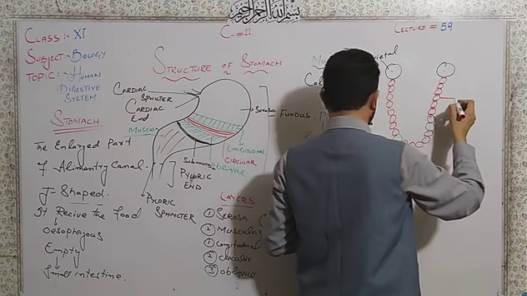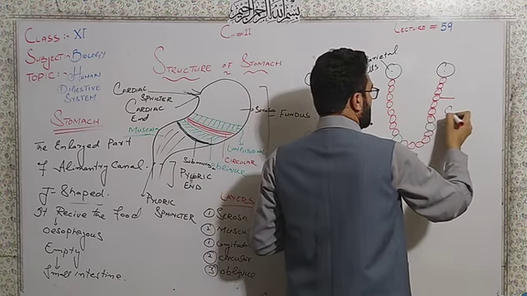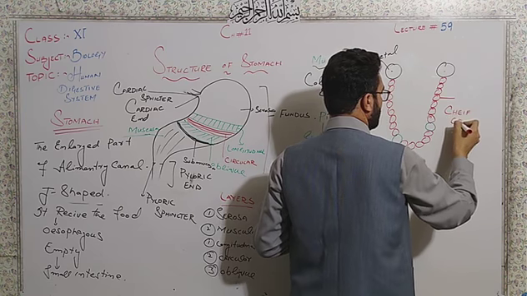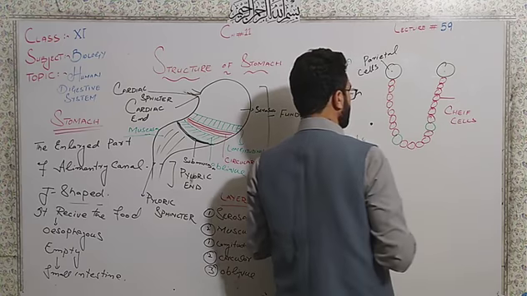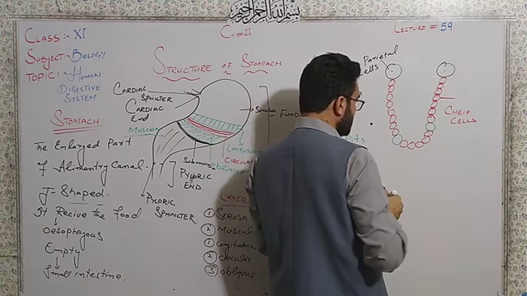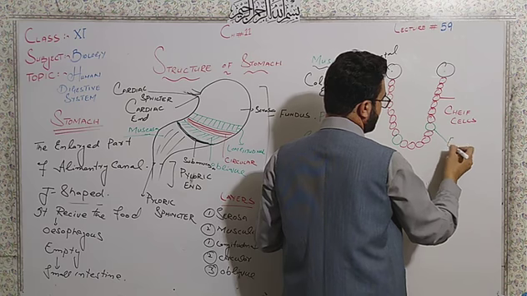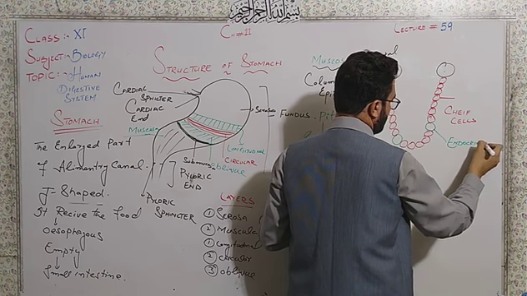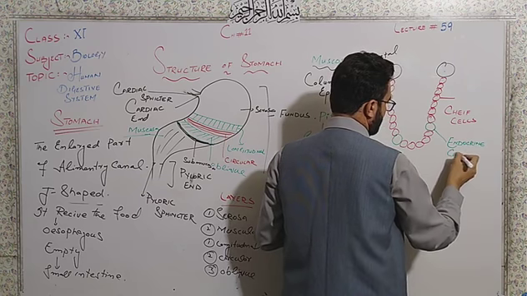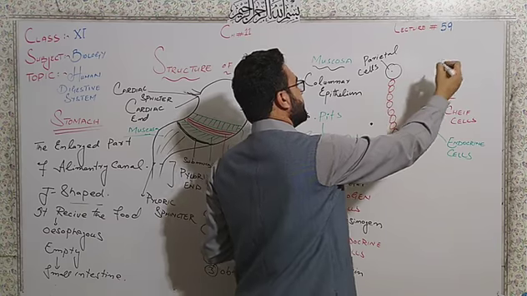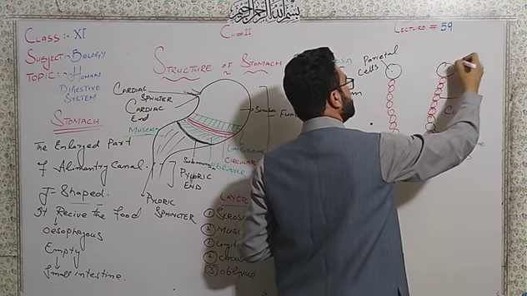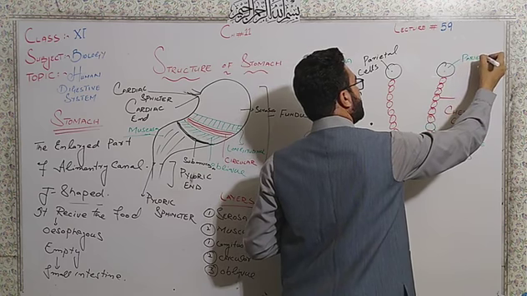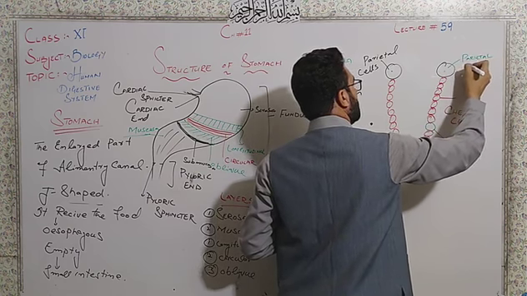These cells are called chief cells or zymogen cells. The green cells are the endocrine cells. And these are the parietal or oxyntic cells.